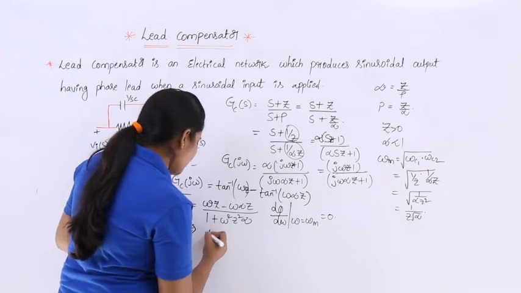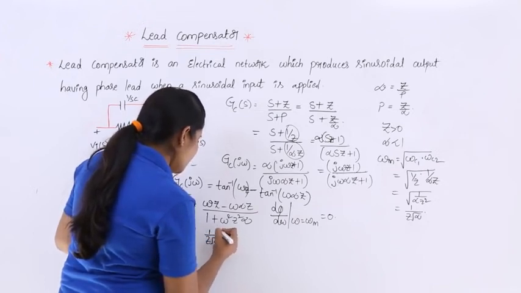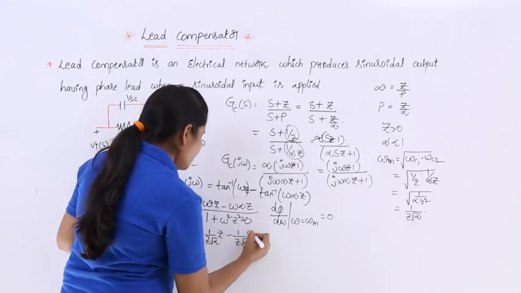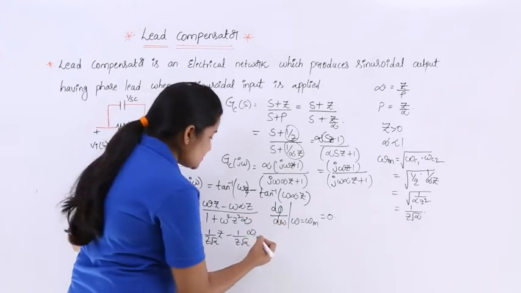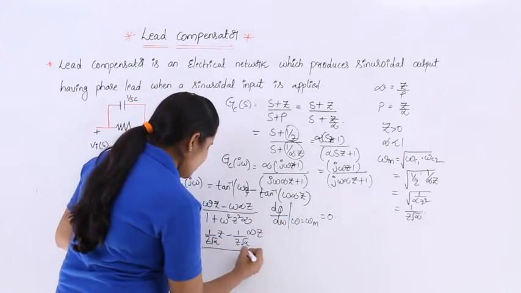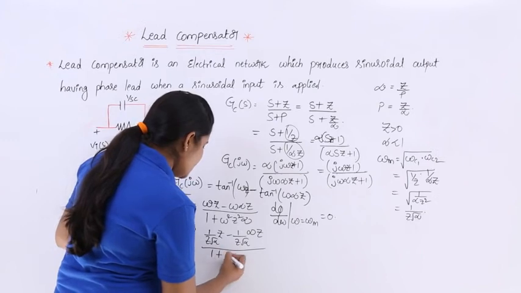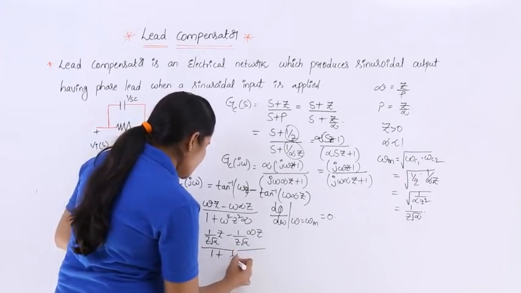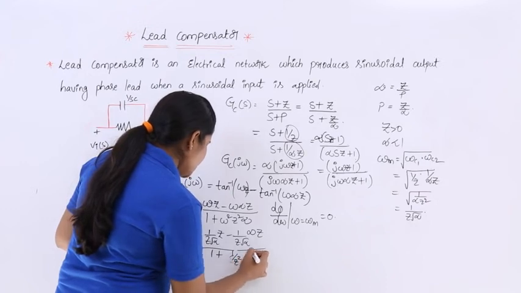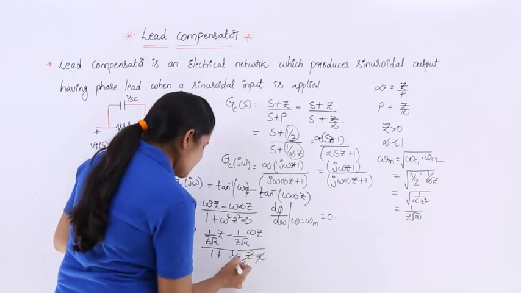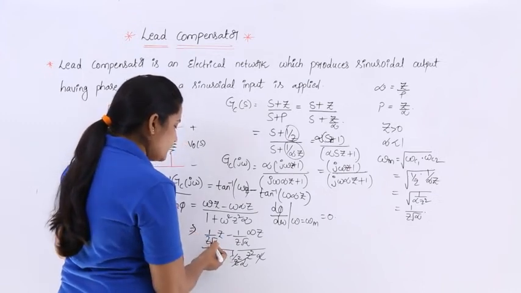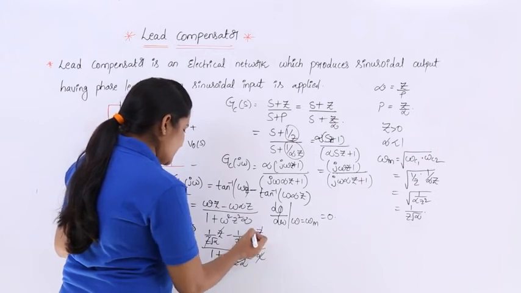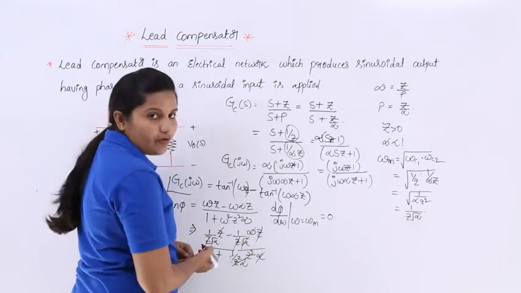So here 1 by z root alpha into z minus 1 by z root alpha into alpha z, divided by 1 plus omega square. Omega square means again we can consider 1 by z square alpha into z square alpha. Z square alpha will get cancelled, and here I am having z cancelled and z cancelled, and alpha, here I am having root alpha.